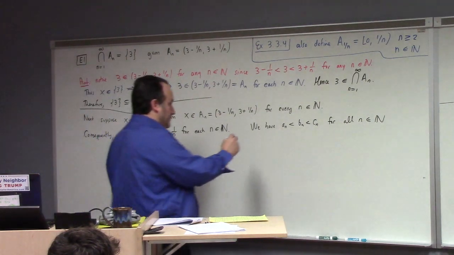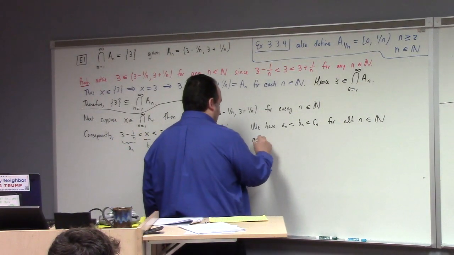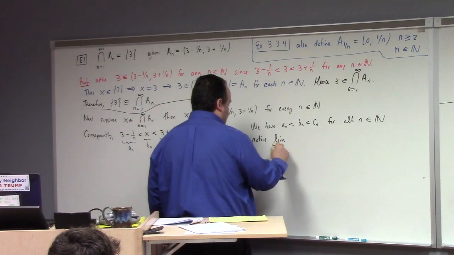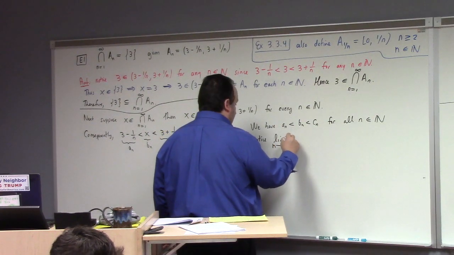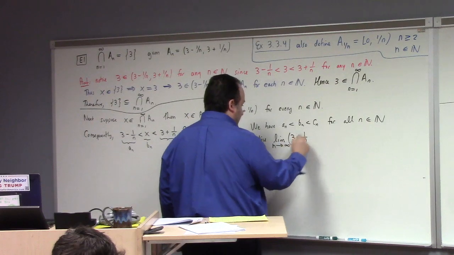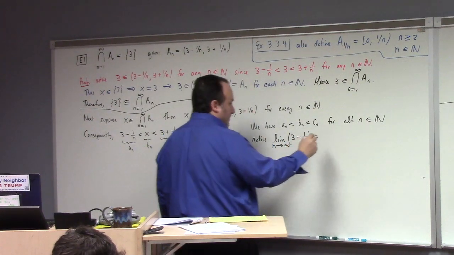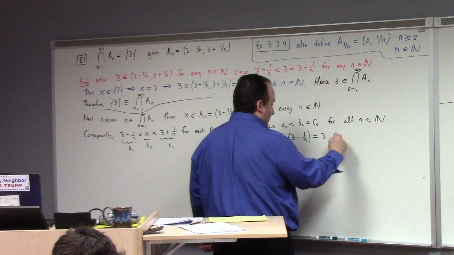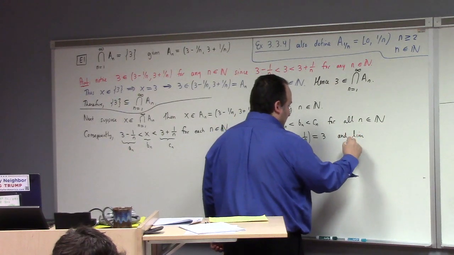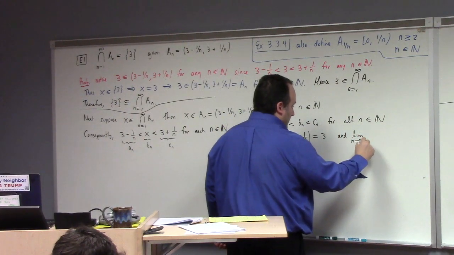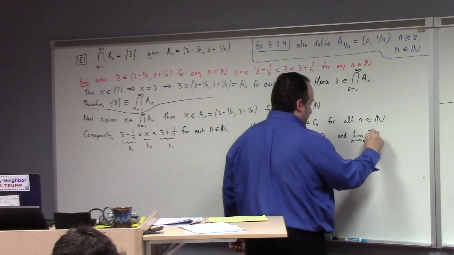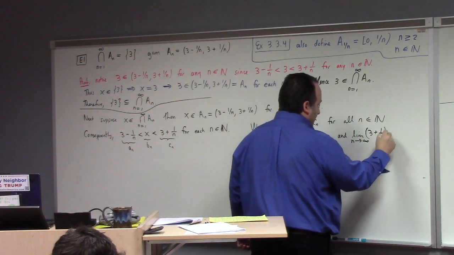Note the limit as n goes to infinity of 3 minus 1 over n is equal to what? 3, right? And the limit as n goes to infinity of 3 plus 1 over n is equal to 3.